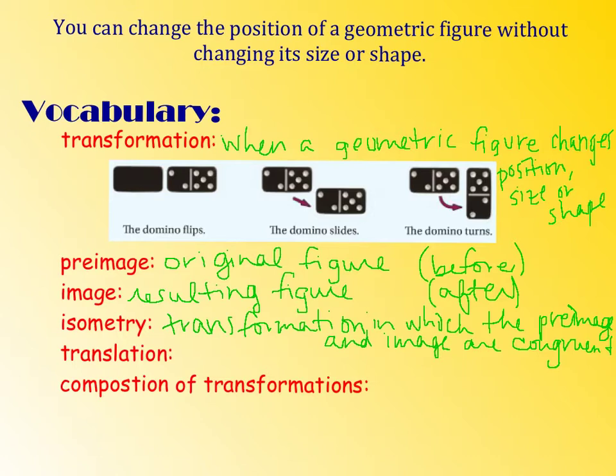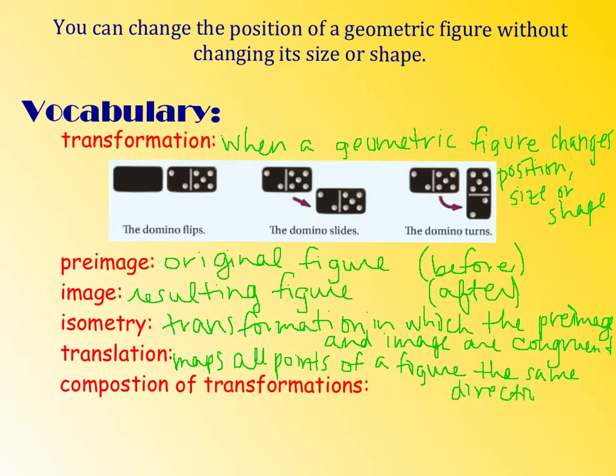A translation maps all points of a figure the same direction and distance.